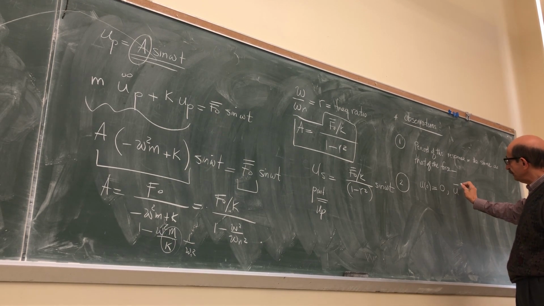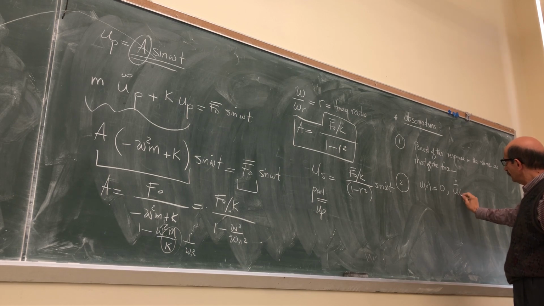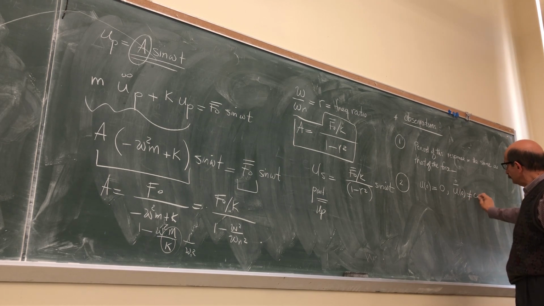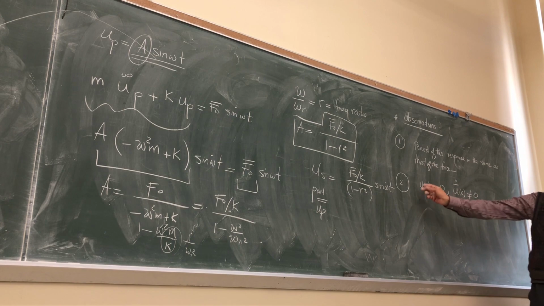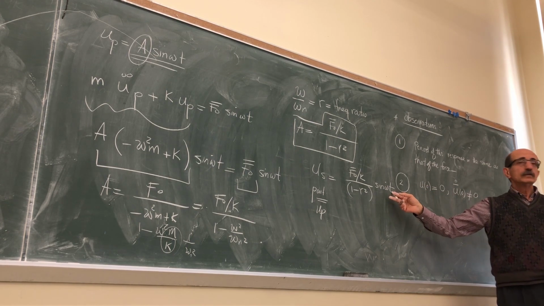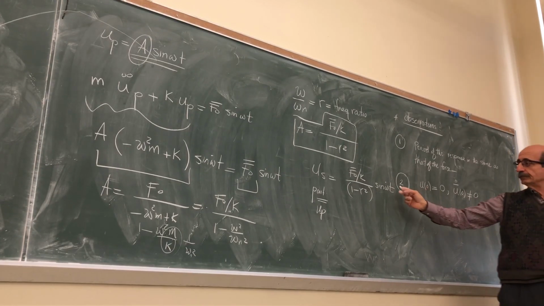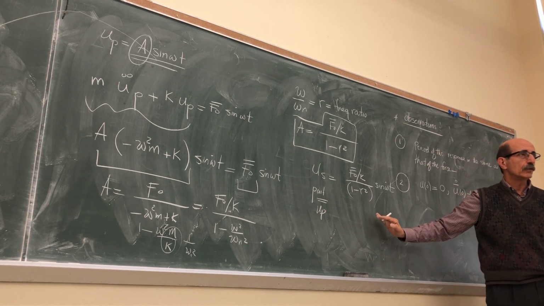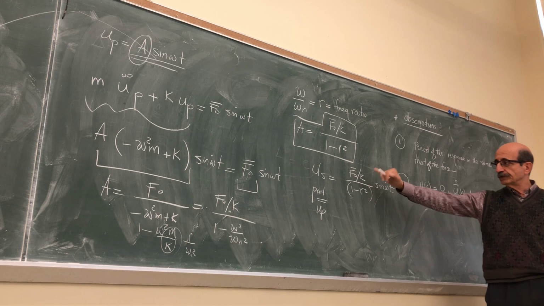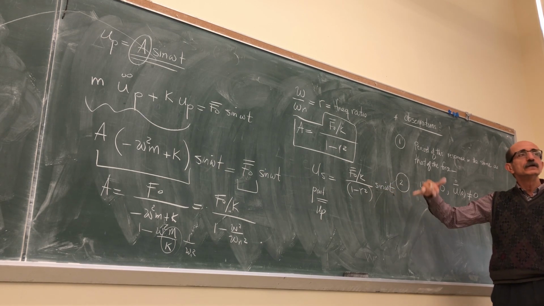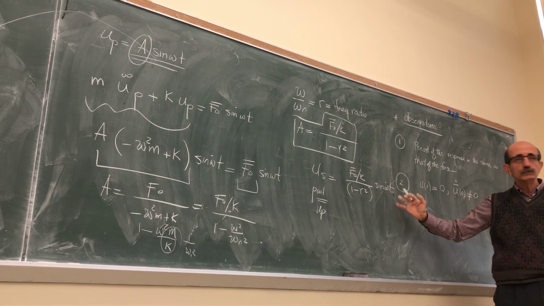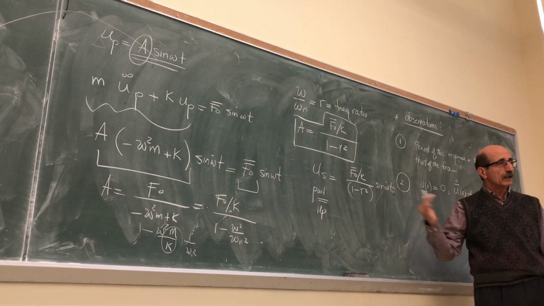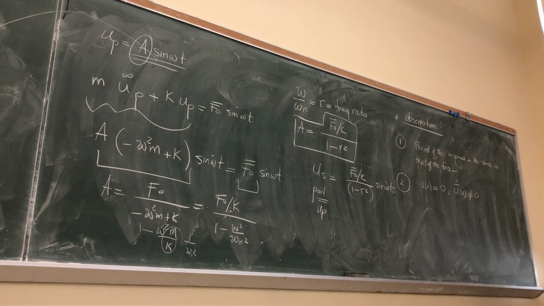But the velocity at time equal to 0 is not 0. Take the derivative for the u; if you put t equal to 0, obviously this is 0, so the whole thing becomes 0. But for velocity, if you take the derivative, you have a cosine function. If you put time equal to 0, that'll be 1. So velocity is not 0.